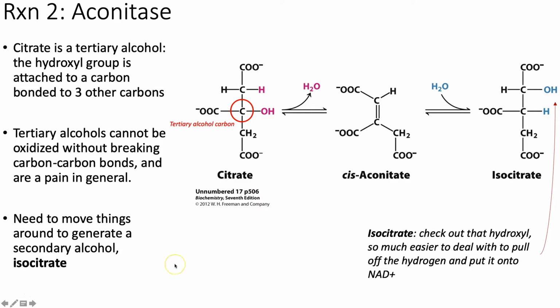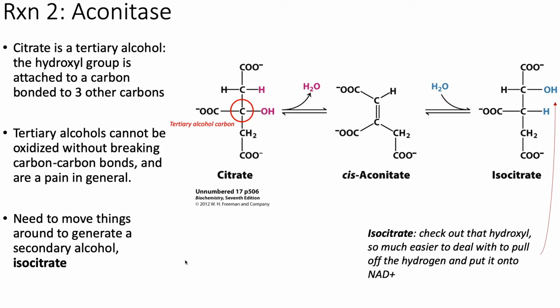If you wanted to oxidize tertiary alcohols, you'd have to break carbon-carbon bonds, which is a huge pain in the butt. So what we want to do is make it a secondary alcohol. Those are much easier to react. And so it's easier for us to switch from a citrate to an isocitrate than to try and break a citrate down in a variety of different ways, okay?